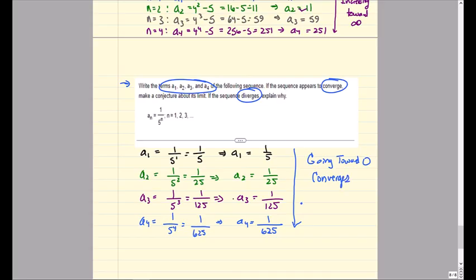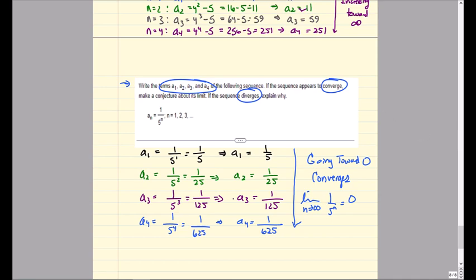So what if I wanted to look at this in terms of a limit as n approaches infinity of 1 over 5 to the n would equal 0 as well. So this limit notation you're familiar with from Calc 1, and you'd also realize that the denominator goes toward infinity because I have a fixed numerator and I have a denominator increasing without bound. So it appears to converge, and the limit shows that it converges towards 0.